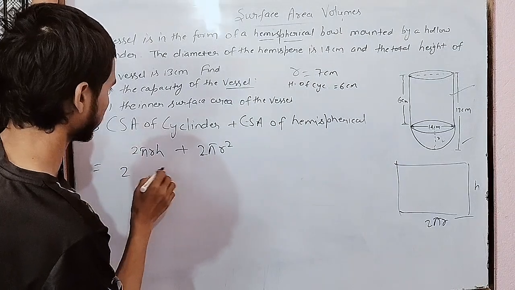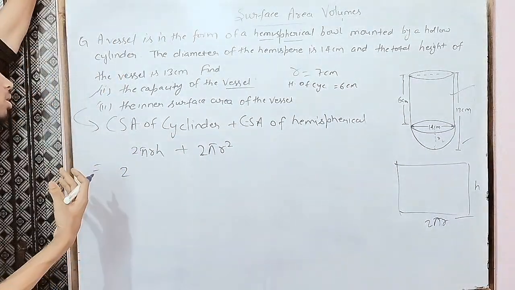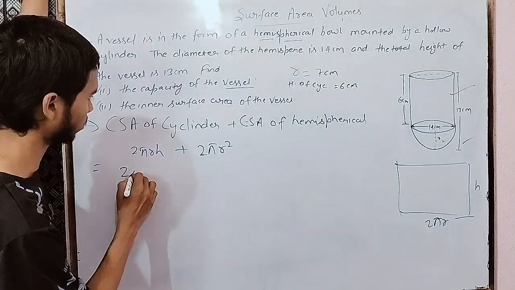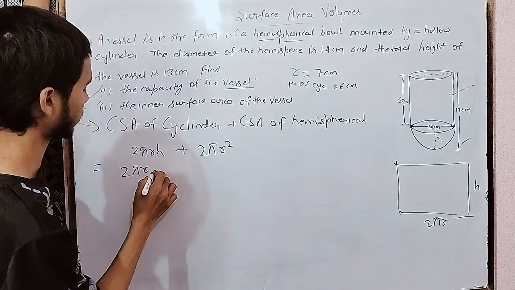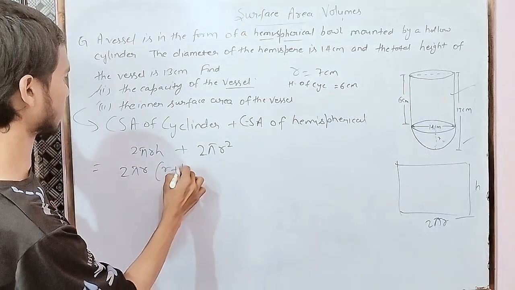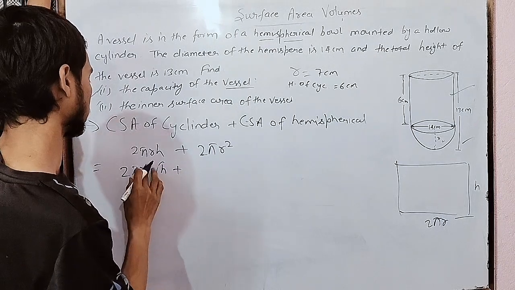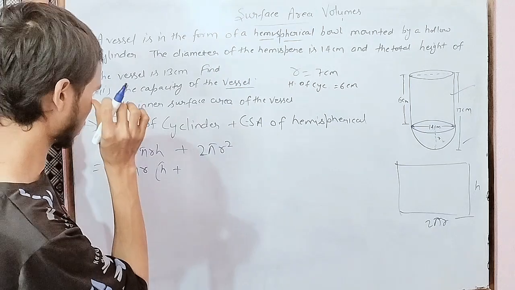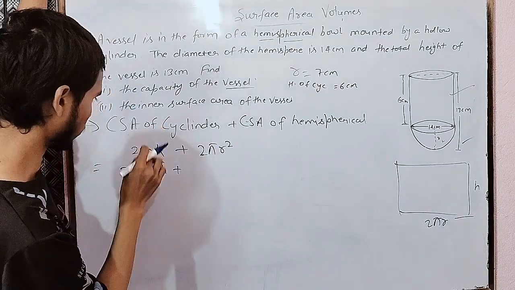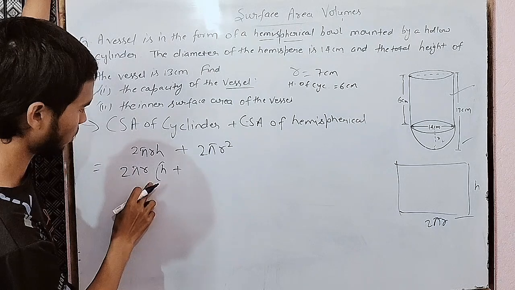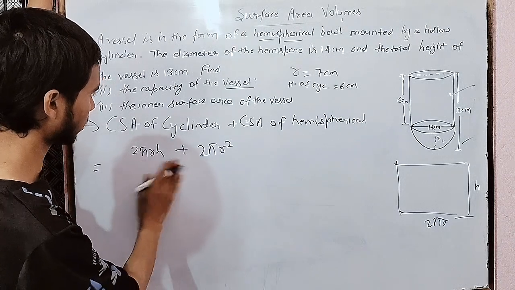So we will take out the common thing. 2 pi r, just r plus h, otherwise you can say h plus r. From 2 pi r h, what can be taken?